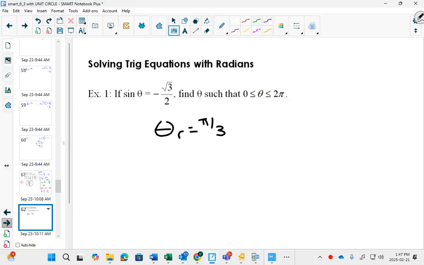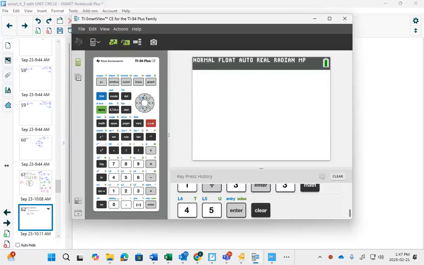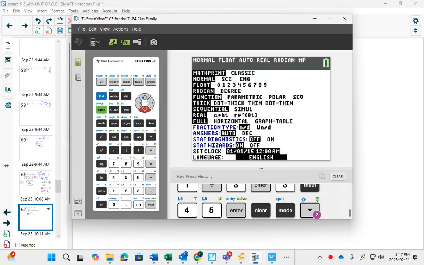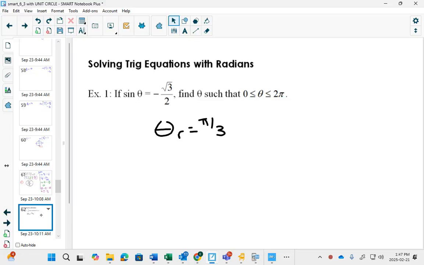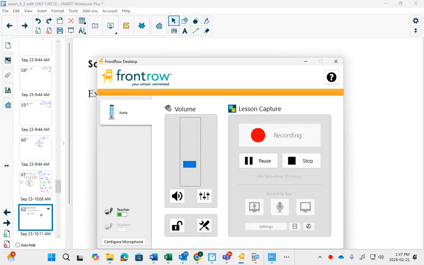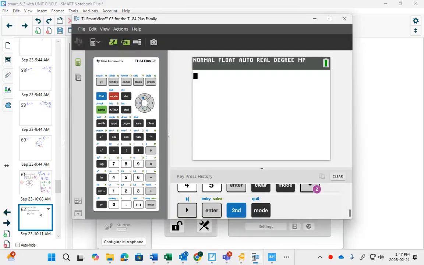If you had this in degrees, here's a reminder of what would have happened in grade 11. I'll change my calculator into degrees. Some important things don't change because we're doing grade 12: you still need to know all of your grade 11 stuff.